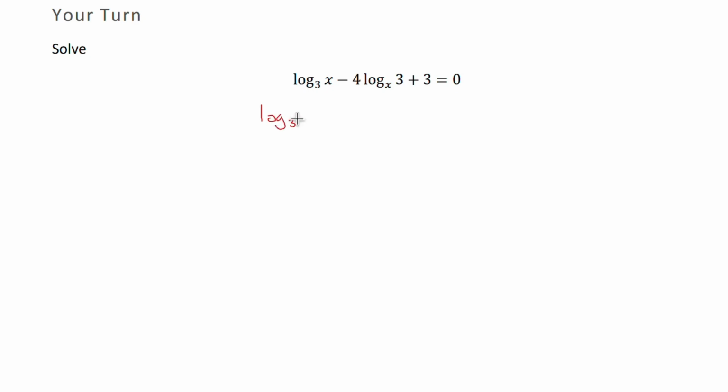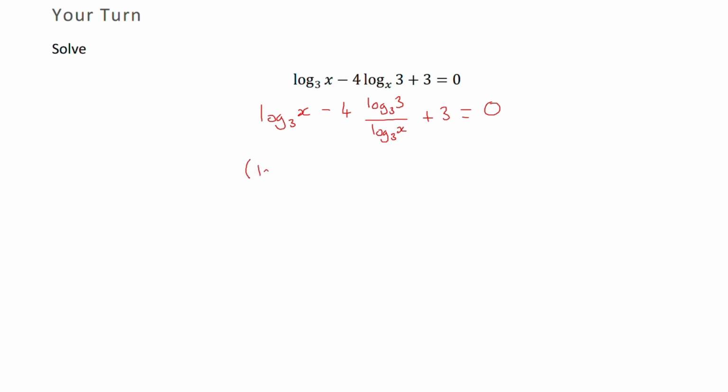So log base 3 of x minus 4 lots of log base 3 of 3 over log base 3 of x, plus 3 is equal to 0. Multiply through to get rid of this fraction here.